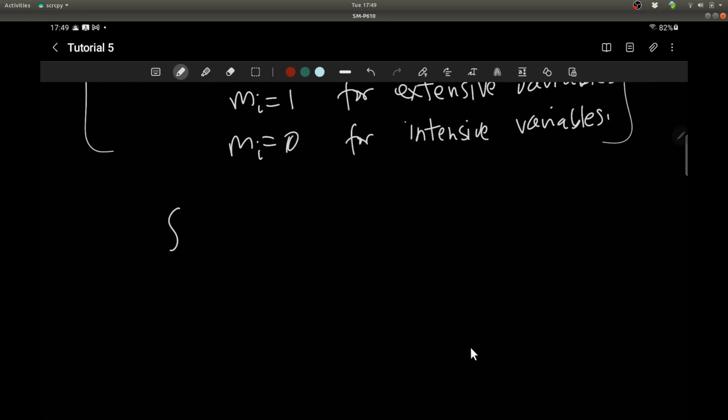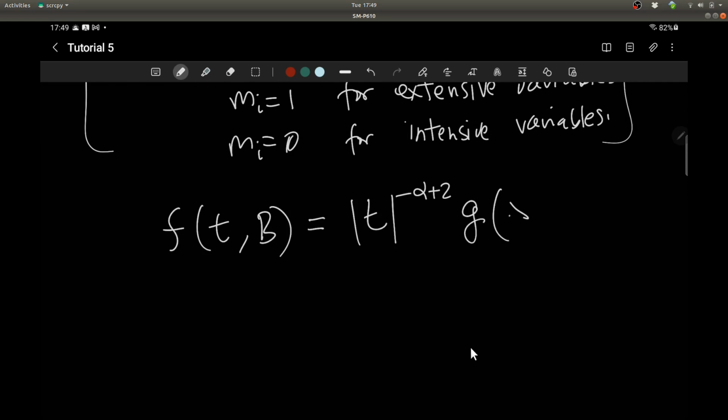So that will tell you that f of t and b goes as this part we saw, mod t power minus alpha plus 2, times g of x, where x is a scale invariant function of this thing. So it is b times t power delta. Okay, so x is supposed to be scale invariant.